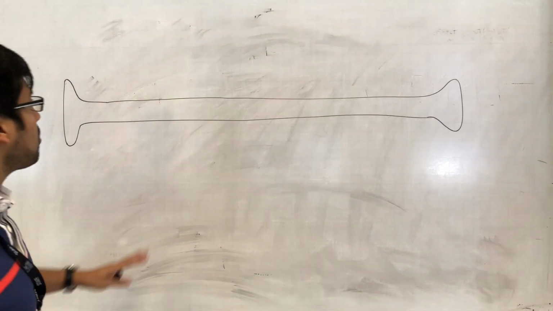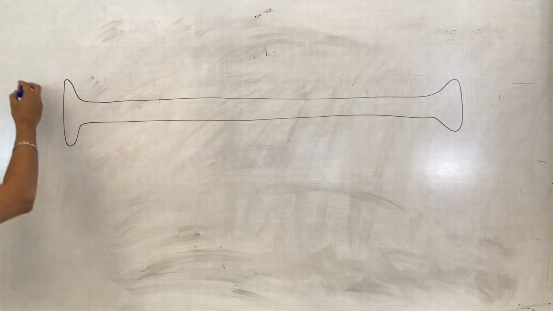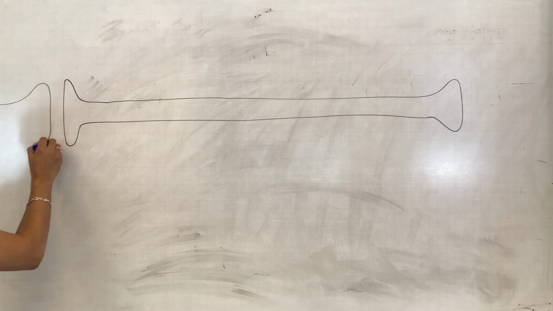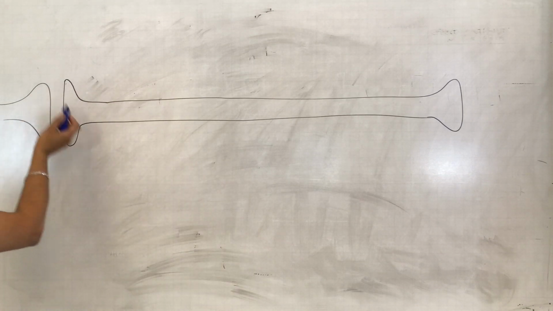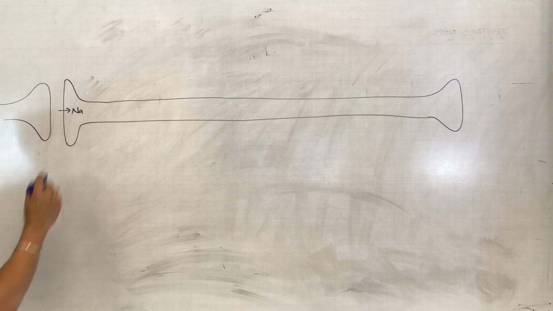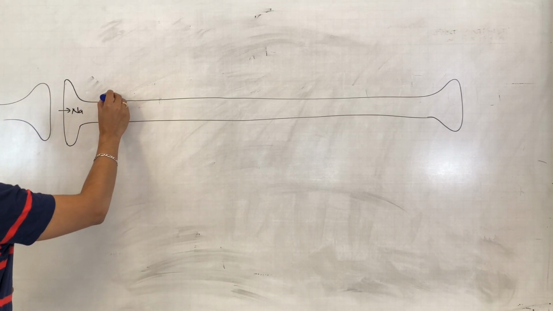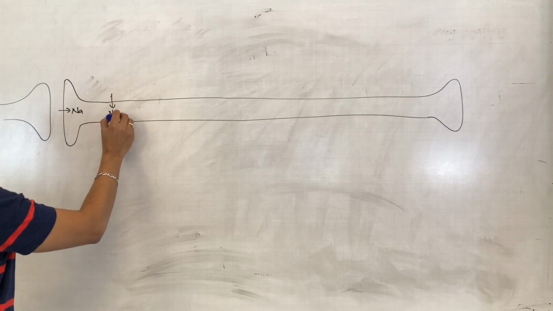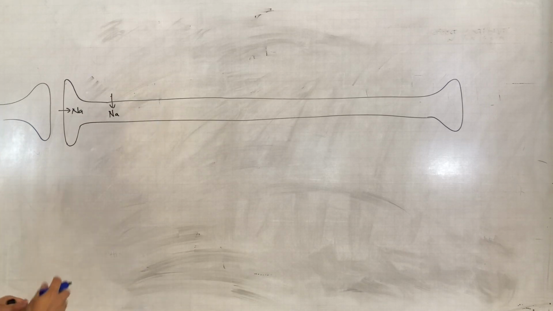Okay, so just a quick recap. What we said was that when the beginning of the axon is stimulated, and we'll come back to the detail of the events that happen here, some sodium comes in. When some sodium comes in, it opens voltage-gated sodium channels and causes a lot of sodium to come in.